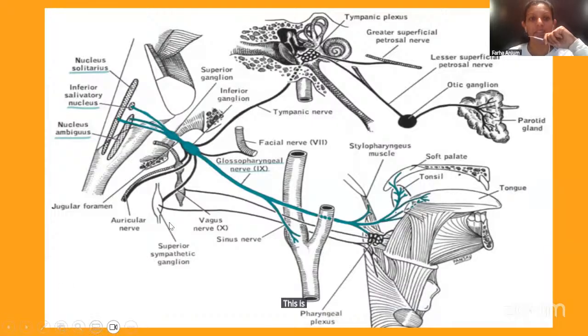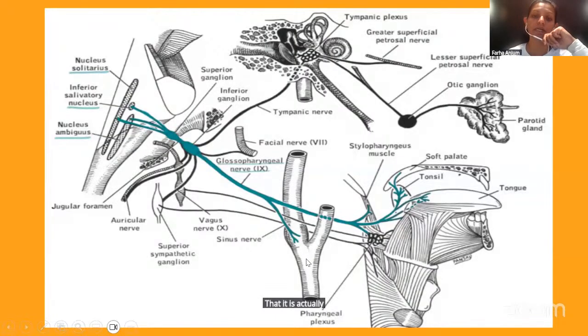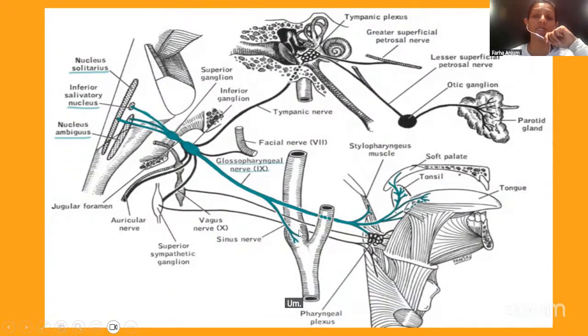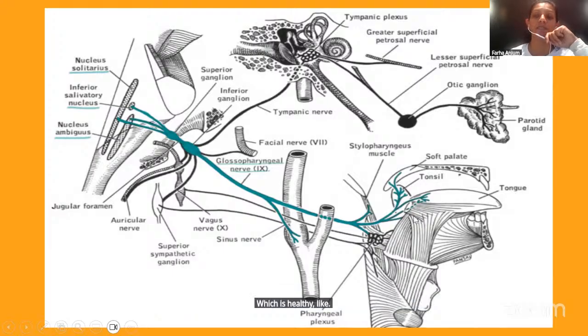This is a complex image, but I find it very interesting because at a glimpse, one can see why it is important: it is not only very close to the internal carotid artery, but it also gives the sensory innervation to the sinus, the posterior third of the tongue, and the stylopharyngeus muscle, which helps with the gag reflex, taste sensation, and the cardiovascular function.